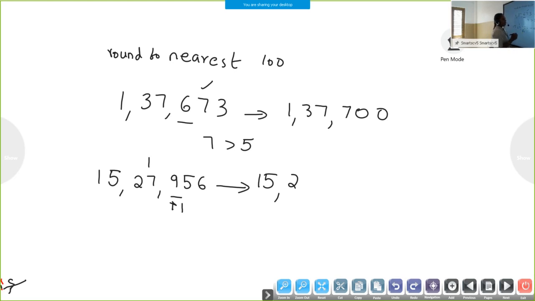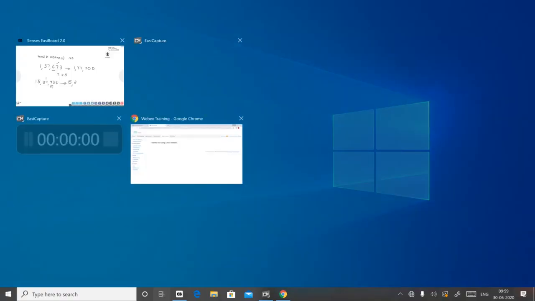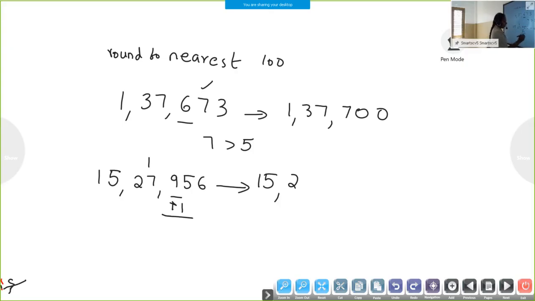So you put 0 at the hundreds place, and the carryover 1 will come to the thousands place, so it becomes 7 plus 1, 28, 0. Then the remaining two digits also you have to put 0. So we round off this one to which number? 1,528,000. Okay. This is how rounding to the nearest 100 works.